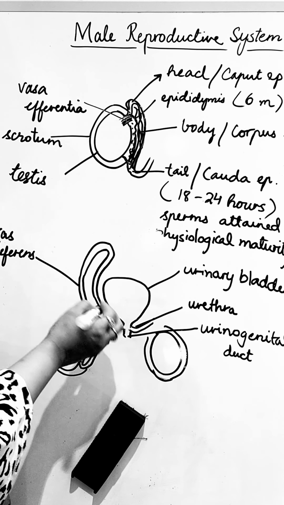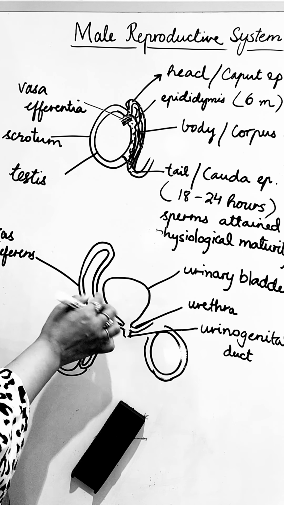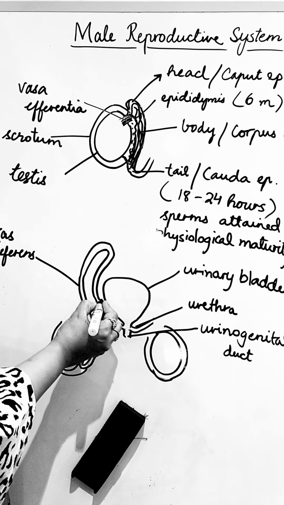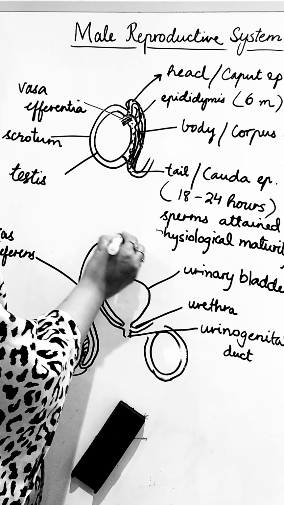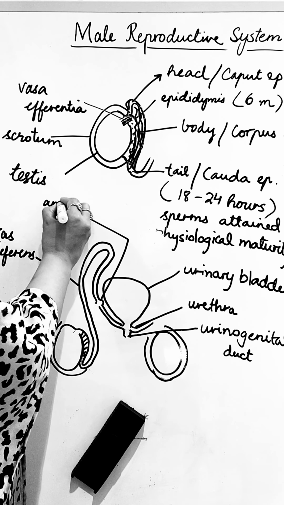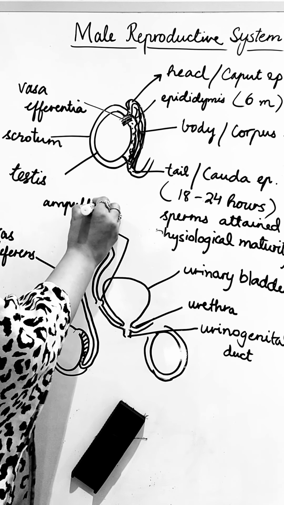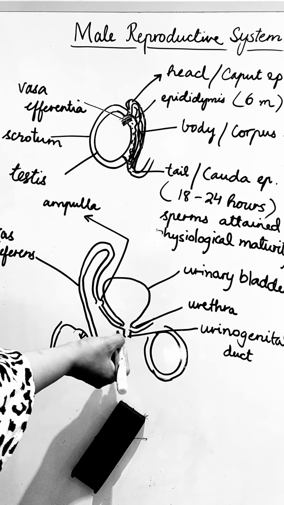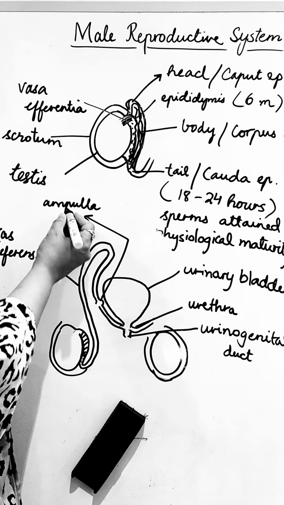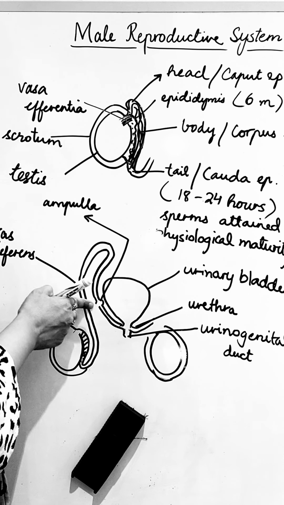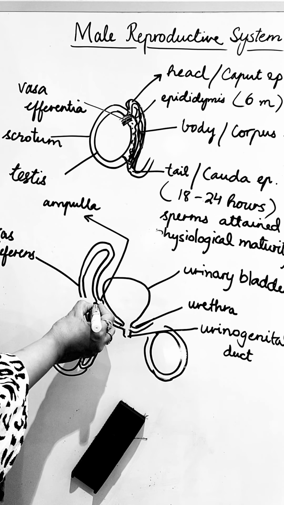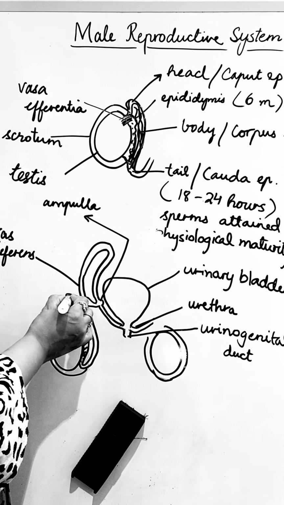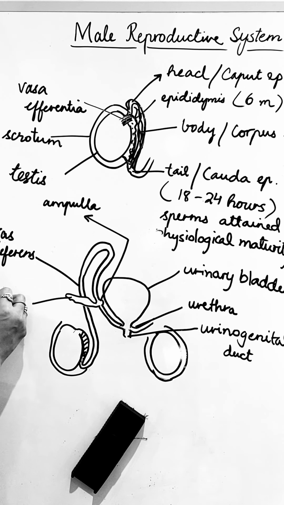Before joining this, there is a small swelling-like structure which is called the ampulla. This swelling before joining the urethra is called the ampulla, and from here a small tubular duct is present which is called the seminal vesicle.